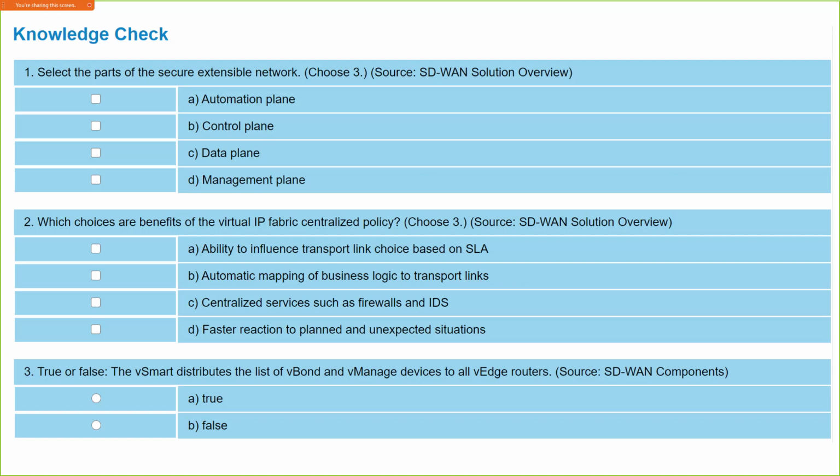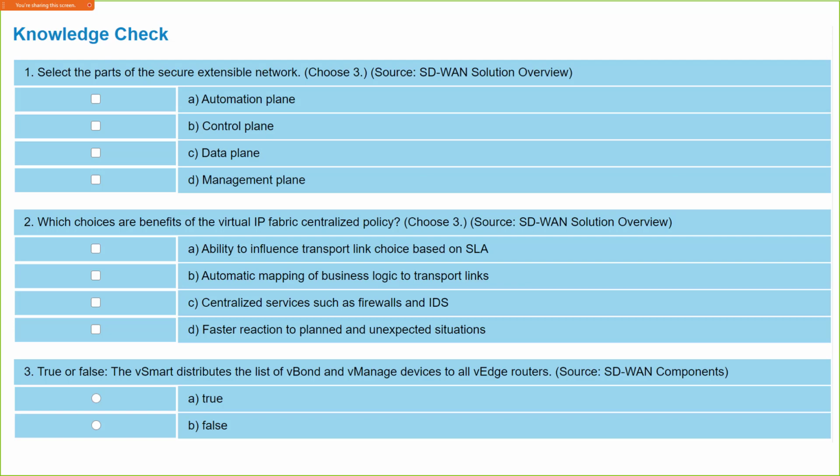I'm trying to think what the best possible answer would be here. I would actually say that C and D would be correct because there are firewall services that you can include, and there are IDS services that you can include. But D would be correct as well, right? Faster reaction to planned and unexpected situations. This is one of those situations where you get a kind of generic question.